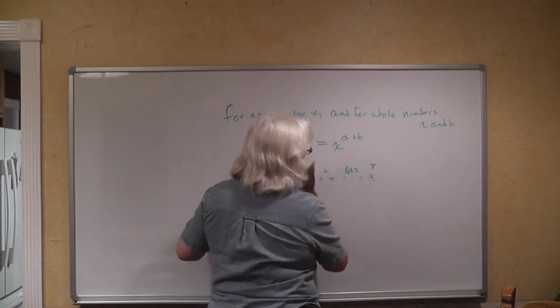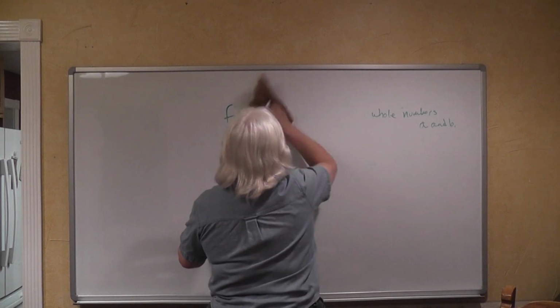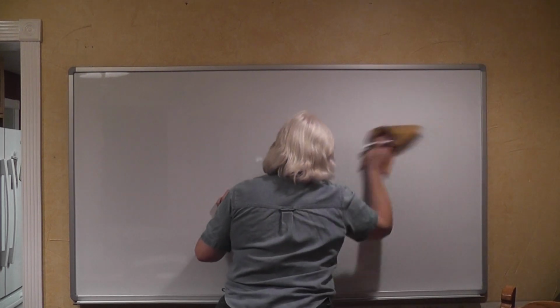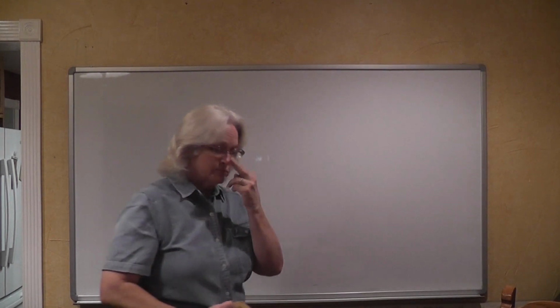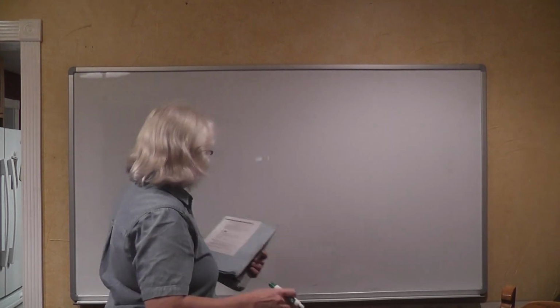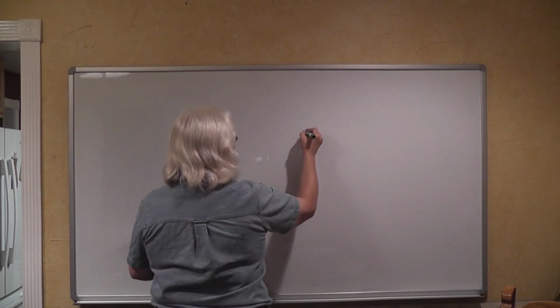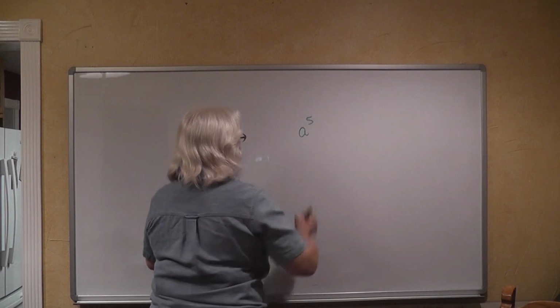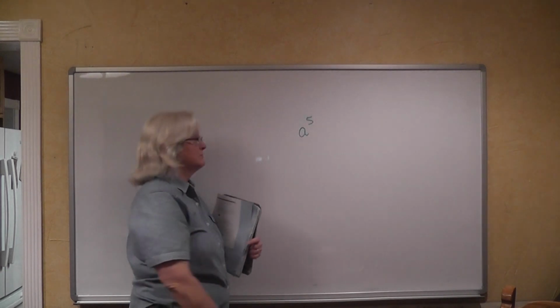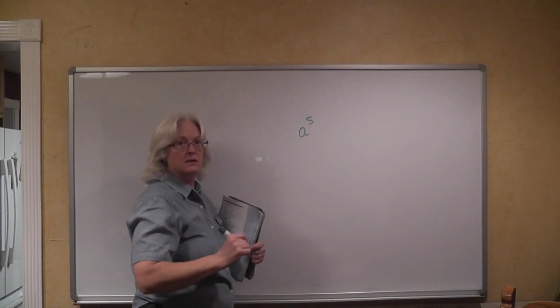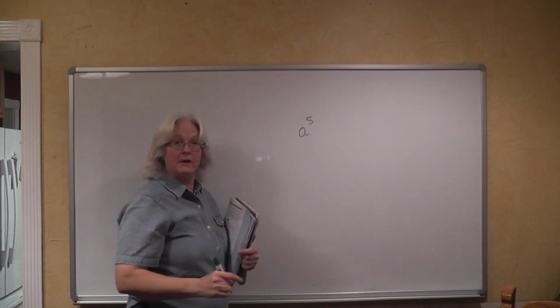All right? Let me go ahead and do some of these skill checks for you. I hope I'm spending way more time on this than you actually need. This says identify the base and the exponent. If you have a to the 5th, what's the base? The a is the base. The exponent is the 5.